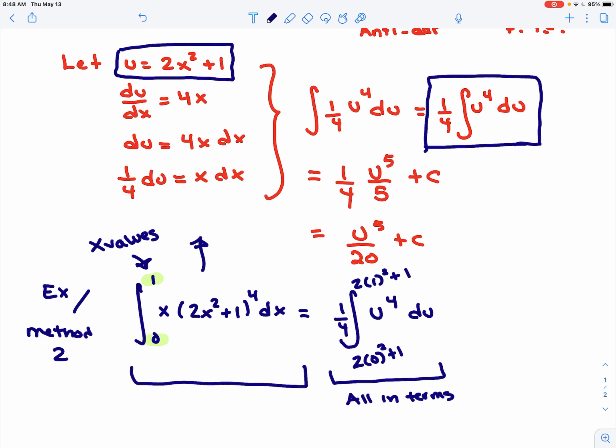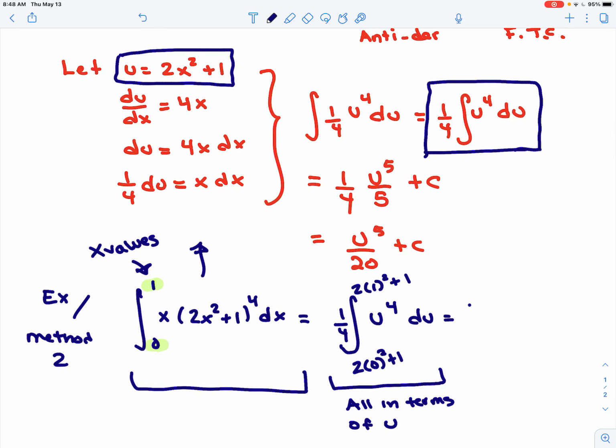All in terms of u. So now this would equal 1/4, and this is 3, and this is 1.